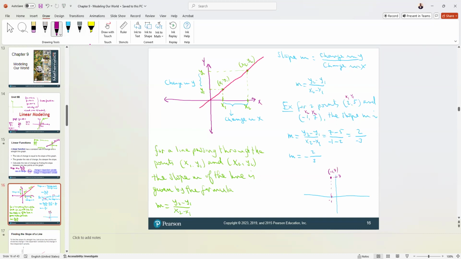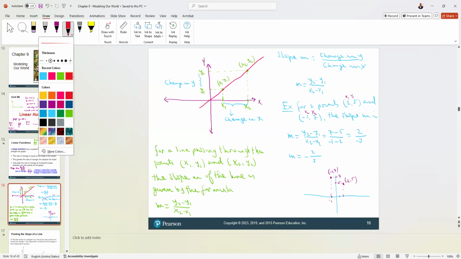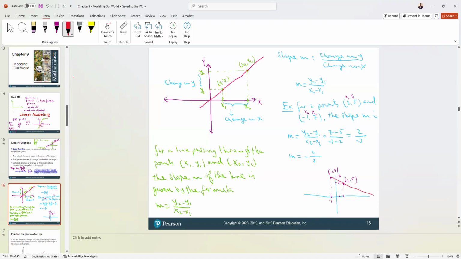The second point is when x is 2, y is 5. Now, when you connect these two dots and continue indefinitely, this is your graph.